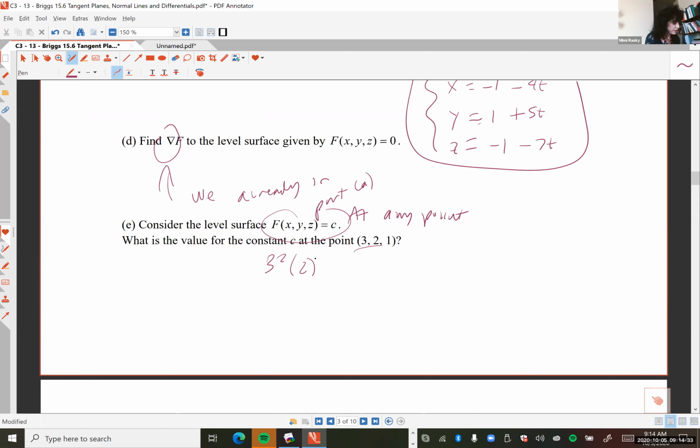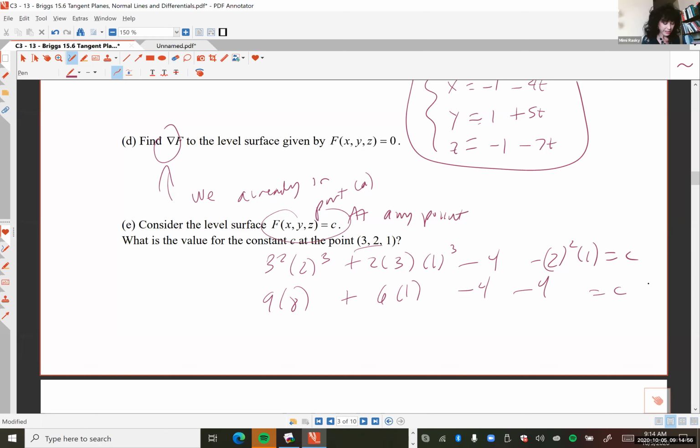So it's just substituting. And you'll set it equal to c, and then you'll just get c right off the bat. Let me use a calculator. And I get 9 times 8 plus 6 times 1 minus 4 minus 4 equals c. And I think c is 72. Not too hard.